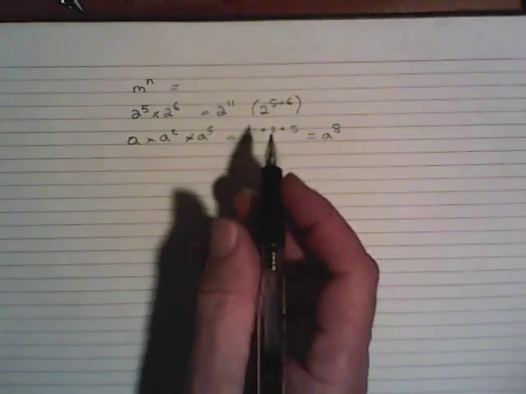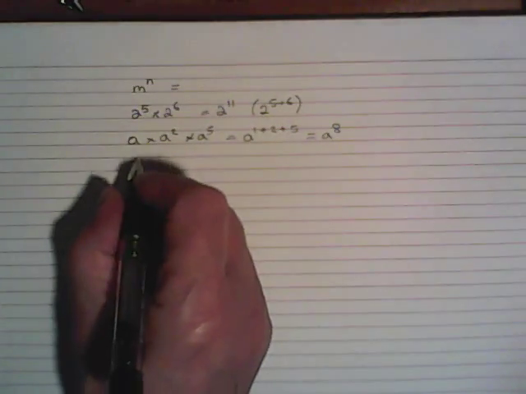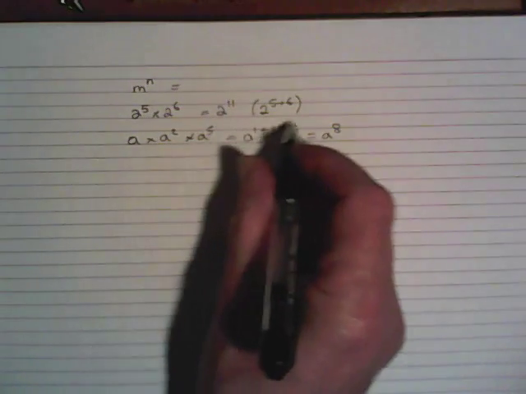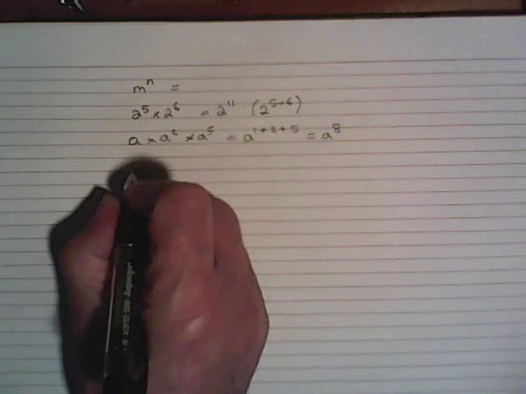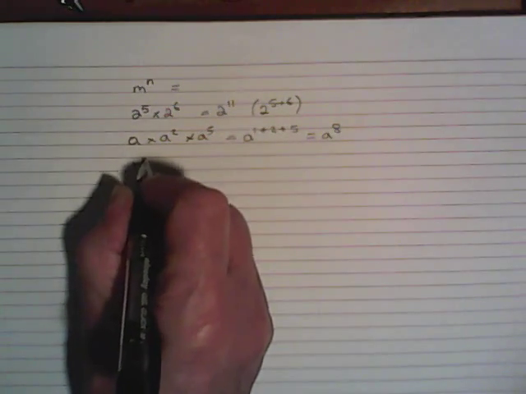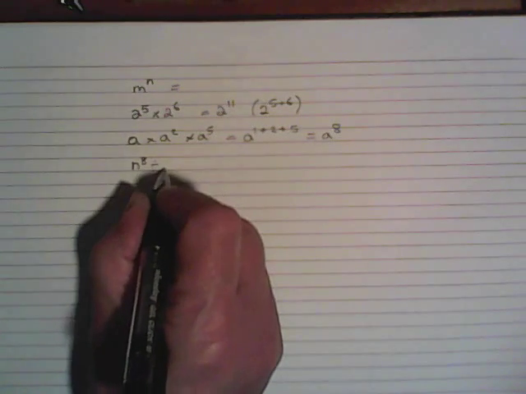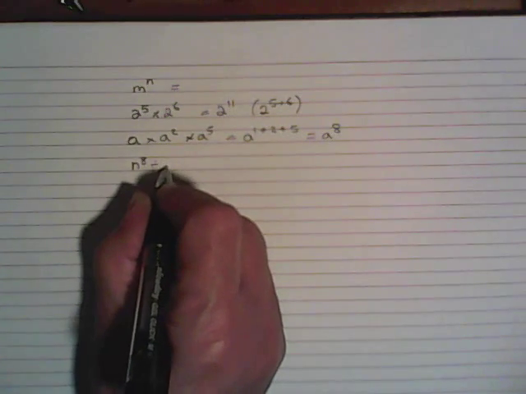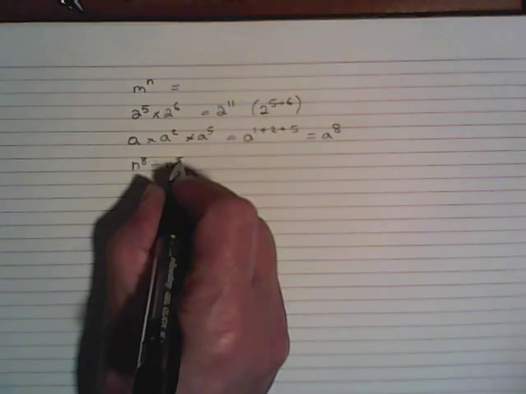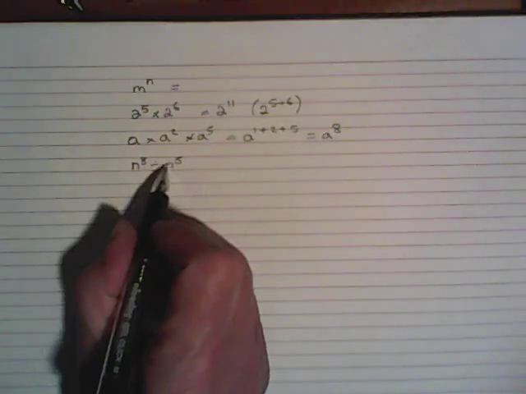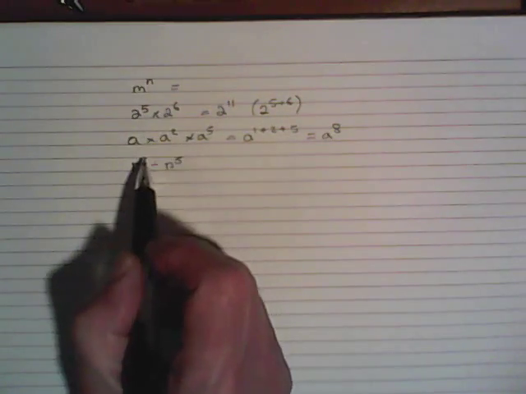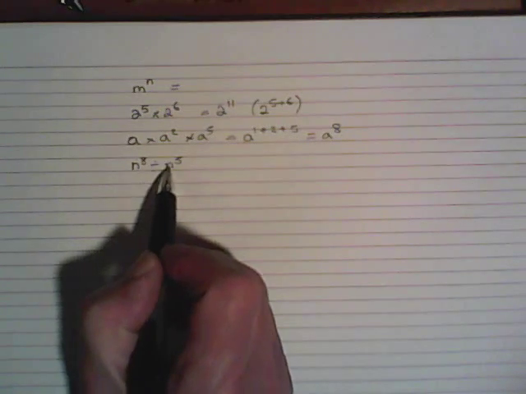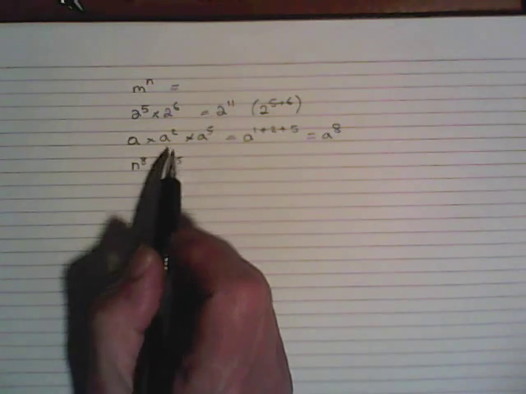Now we're going to introduce division. This is all multiplication. So we look at division. We might have n to the power of 8 divided by n to the power of 5. Now in this particular case, as in multiplication we added, with division we subtract.